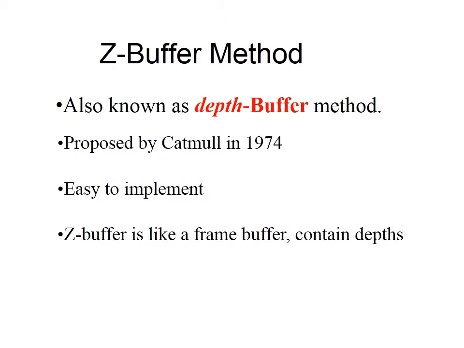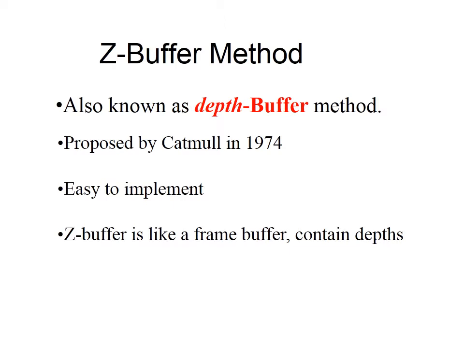Z buffer, also known as depth buffer method, is one of the commonly used methods for hidden surface detection. It is an image space method. Image space methods are based on pixels to be drawn on a 2D plane.